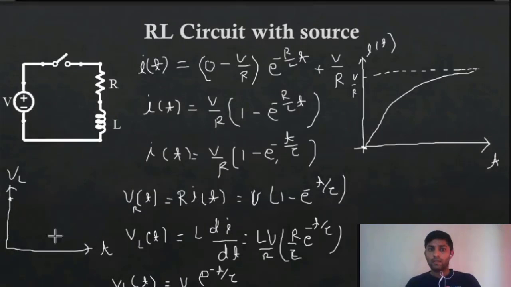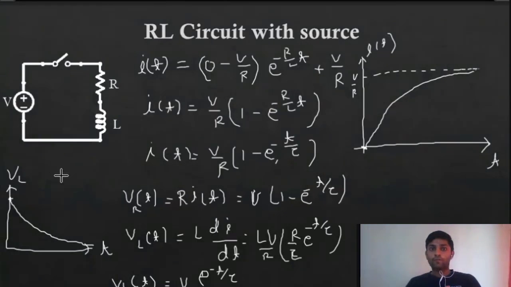As time increases, this voltage decreases as the exponential term decreases. The voltage across the inductor keeps getting decreased, and at steady state the voltage across the inductor will become 0. From this relation you can see that at steady state the response is 0.